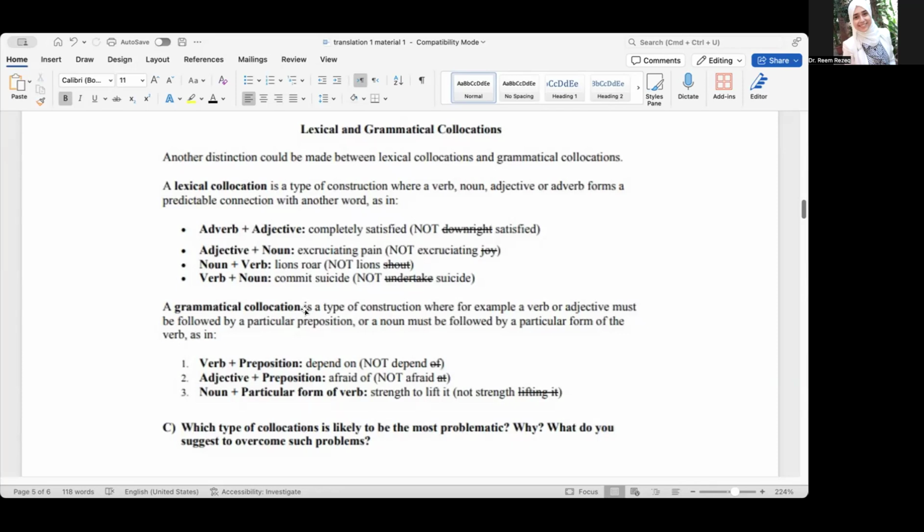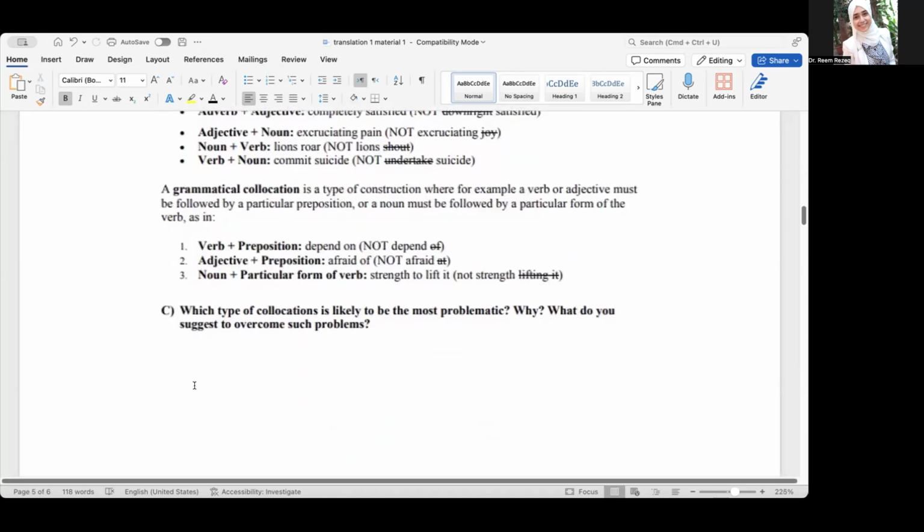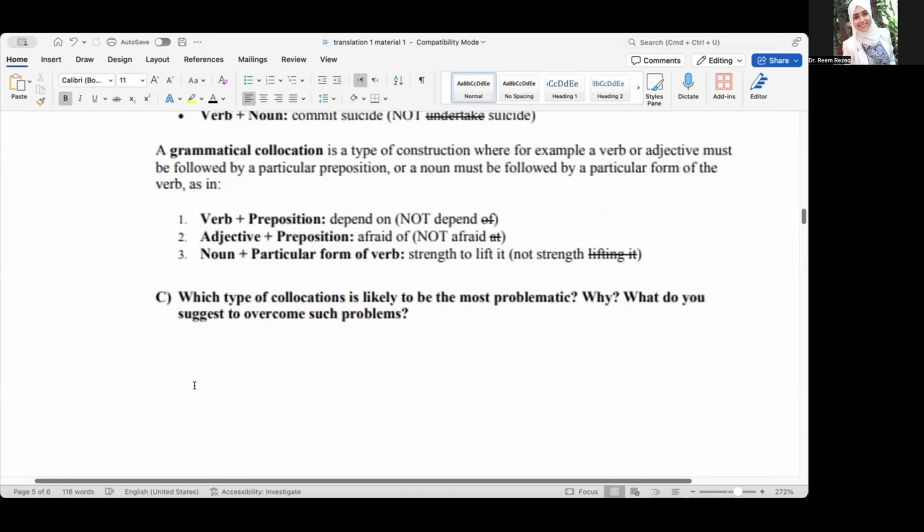And also adjective with a preposition, for example, afraid of, not afraid at.